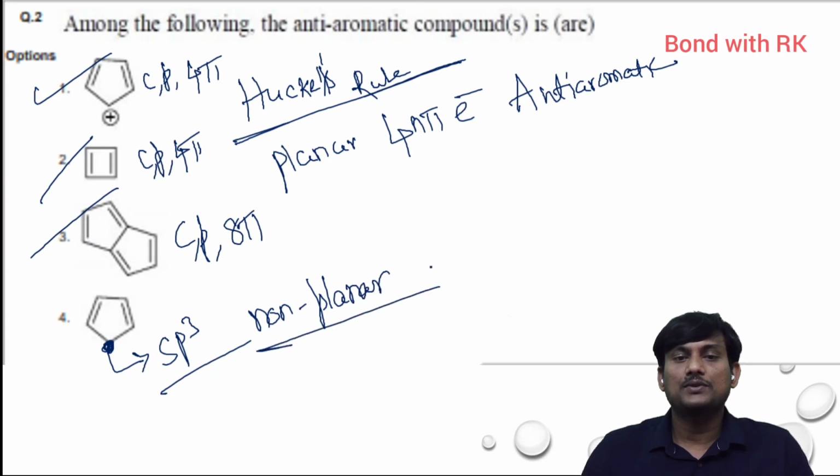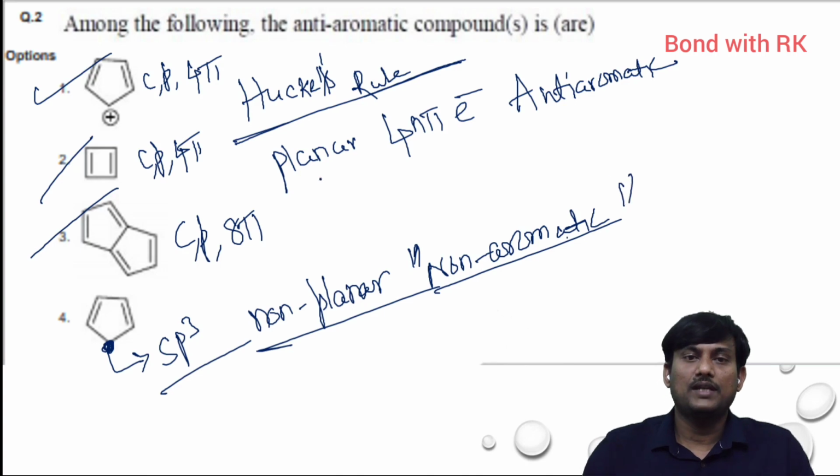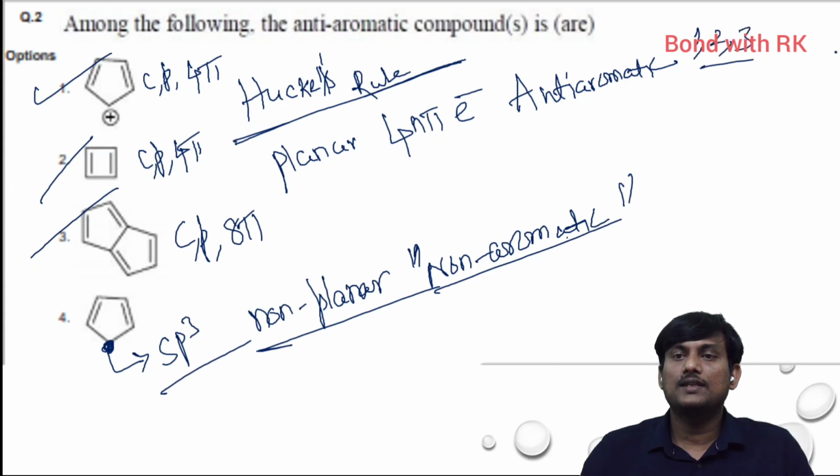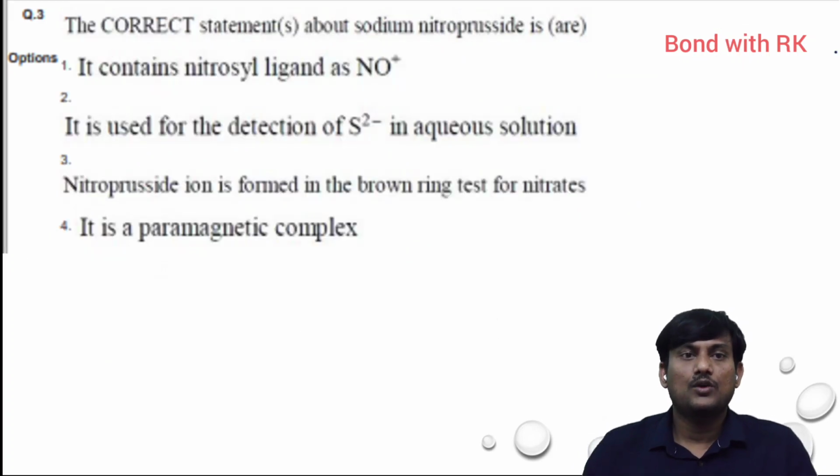So this one is non-aromatic. When a cyclic molecule is non-planar, the molecule will be non-aromatic. So which are anti-aromatic? 1, 2, and 3. These three are anti-aromatic.